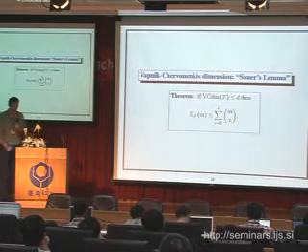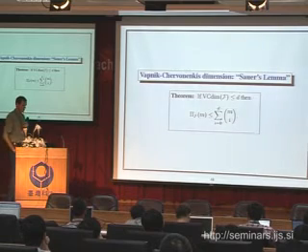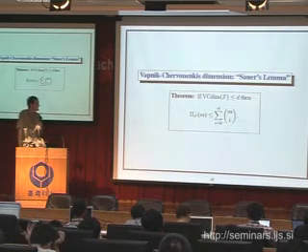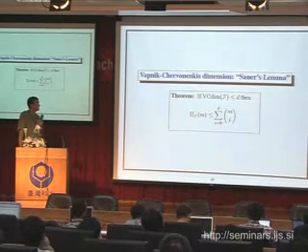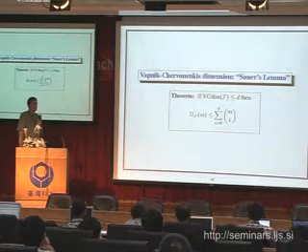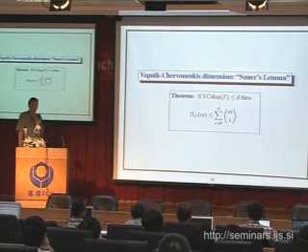Okay, so we've seen that if m is smaller than the VC dimension, by definition the growth function is 2 to the m, so it's exponential in m.